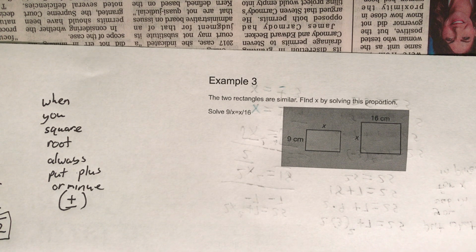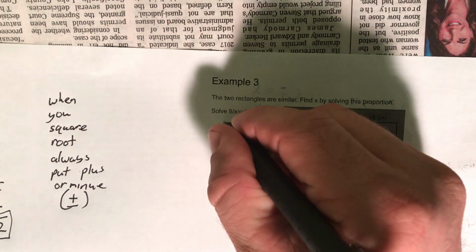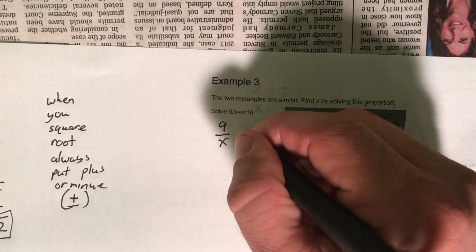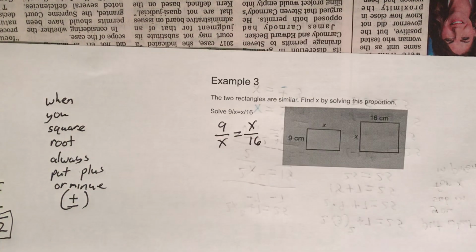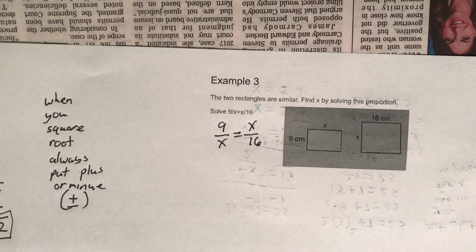Okay, now the rectangles are similar. Find x by solving this proportion. So really what you've got going on here is 9 over x equals x over 16. Once again, not my favorite way with this Google Slides, but hey, we'll make it work.